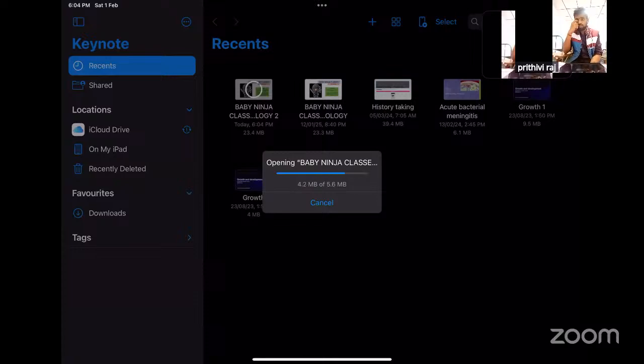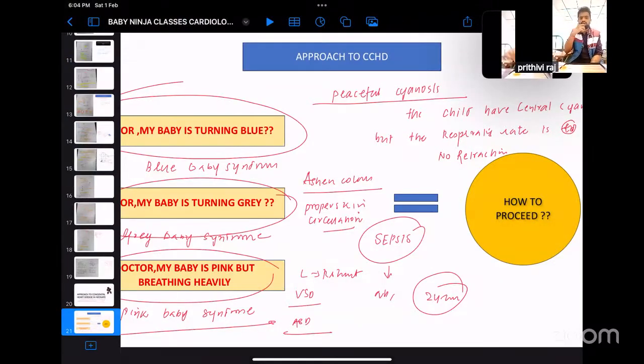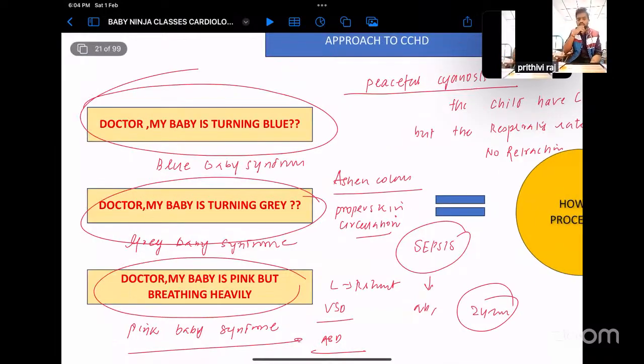So now we will discuss these three subtypes which we decided last class. We ended with these three syndromes: blue baby syndrome, gray baby syndrome, and pink baby syndrome. So blue baby syndrome is nothing but the cyanotic congenital heart disease, right? Now this cyanotic congenital heart disease. So I already discussed how to differentiate respiratory cause of cyanosis from cardiac cause of cyanosis.